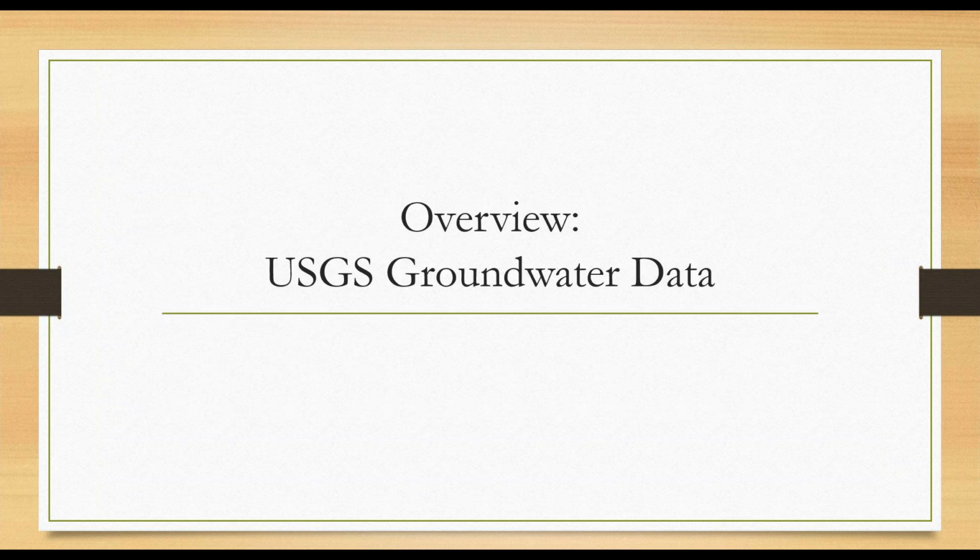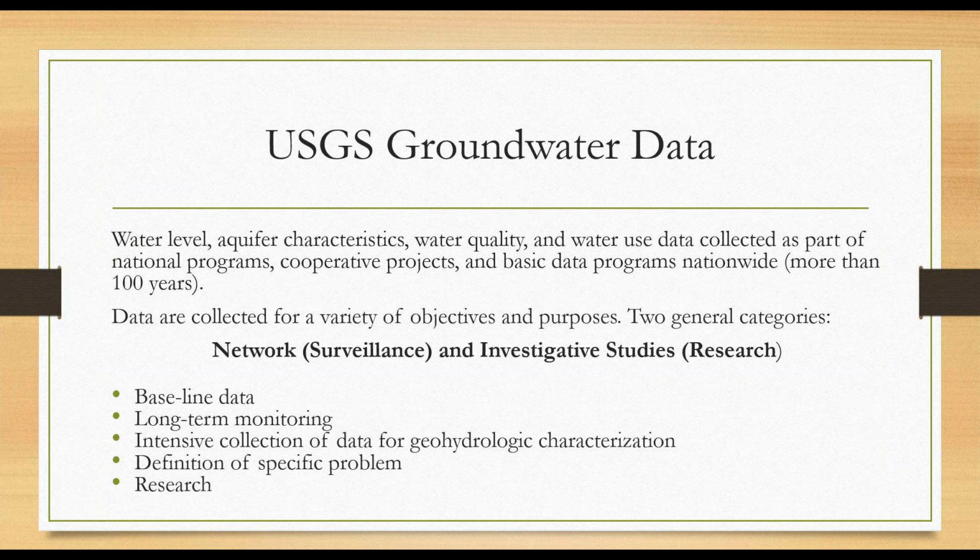So first of all, let's talk about USGS groundwater data. The type of data that we collect are water levels, aquifer characteristics data, water quality data, and water use data. These are all collected for a variety of reasons, a variety of purposes and objectives.